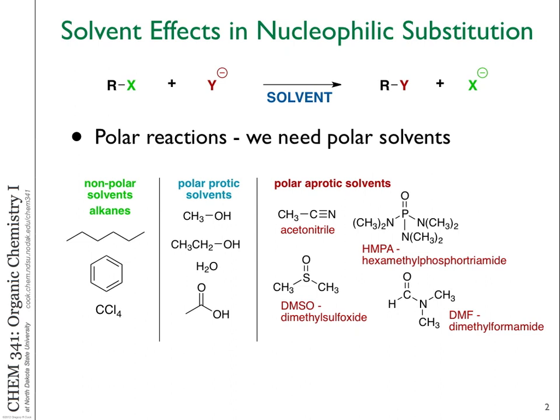For substitution reactions, the presence or absence of an acidic hydrogen in the solvent also can influence the reaction, because we're affecting the different properties of all the various components in a nucleophilic substitution reaction. So depending on what's most important for the rate determining step, the solvents interact with those different components in different ways and can affect the rate, if those are involved in the rate determining step.